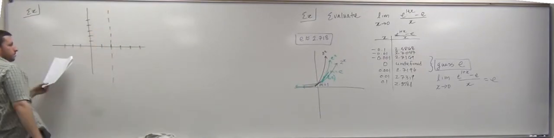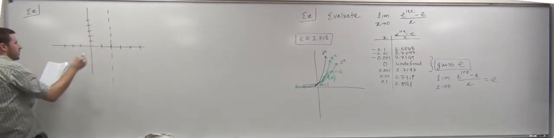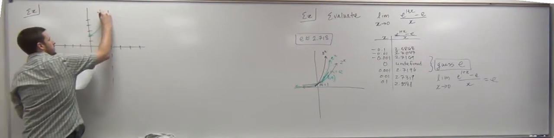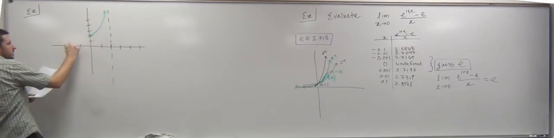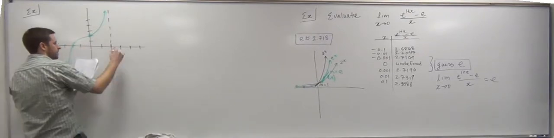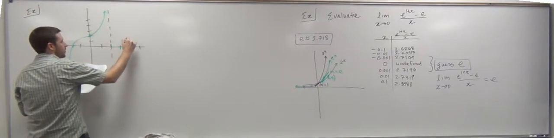It's going to have a hole at (0, 2). And it's going to go up and approach the asymptote. Go down this way. We'll have a hole at (4, 1).